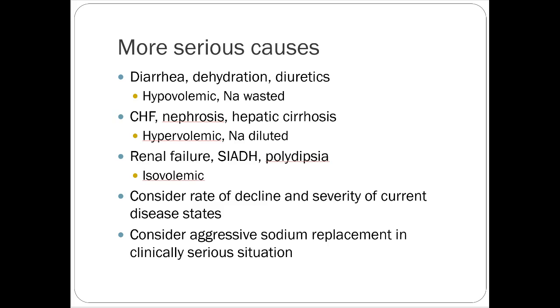CHF, nephrosis, and hepatic cirrhosis patients will be hypervolemic, and that just means the serum sodium is diluted. Renal failure, SIADH, which is a syndrome of inappropriate antidiuretic hormone, and polydipsia are isovolemic examples of what would cause a decrease in sodium.